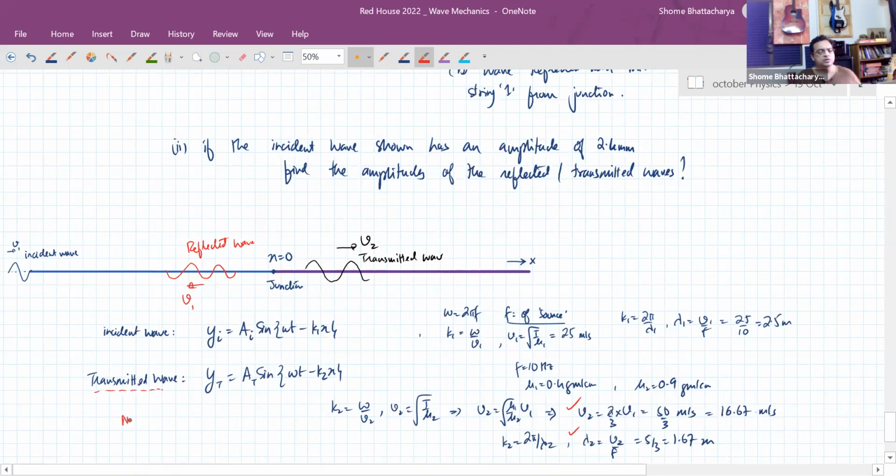One important thing here is that the transmitted wave is in phase with the incident wave at x equal to 0, that is the junction point.